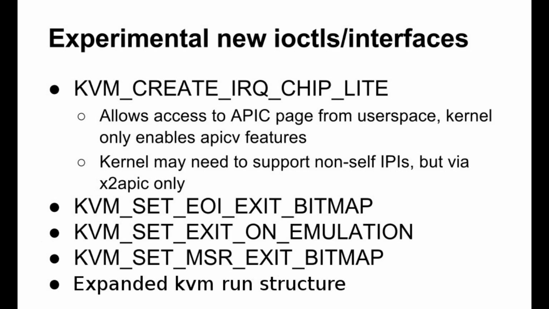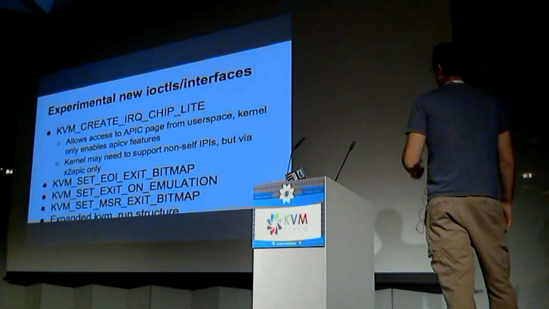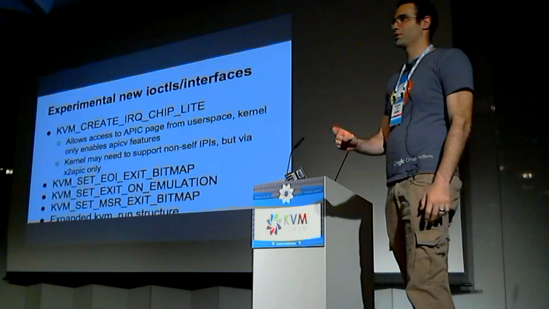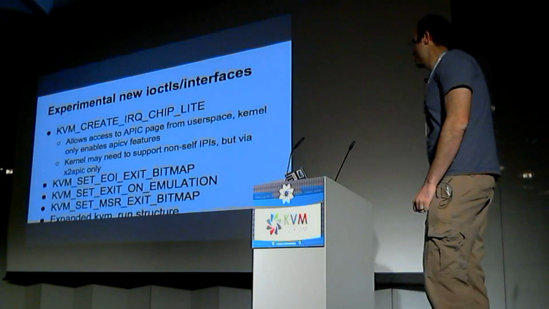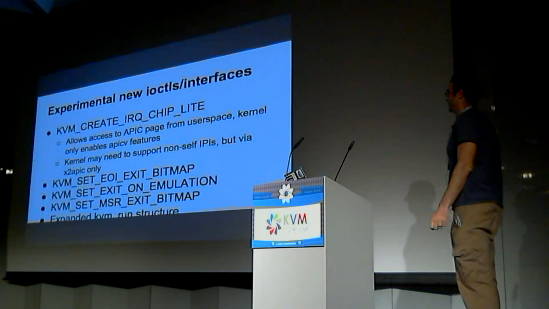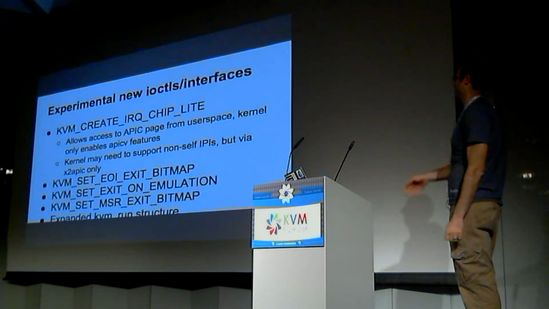So what are the interfaces that we're building? We created KVM create IRQ chip Lite. It allows access to the APIC page from user space. And then all the kernel does is enable the hardware-supported virtualization features. We may need to support non-self IPIs for performance reasons, but we're not there. We haven't built enough to be sure of that yet.